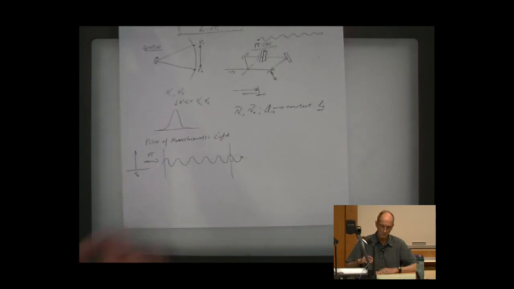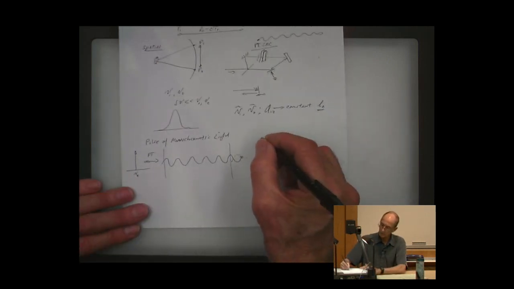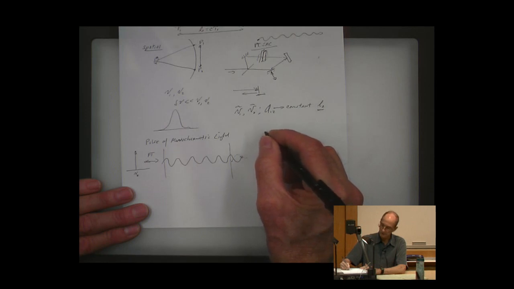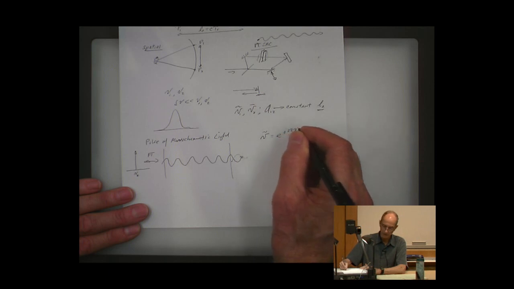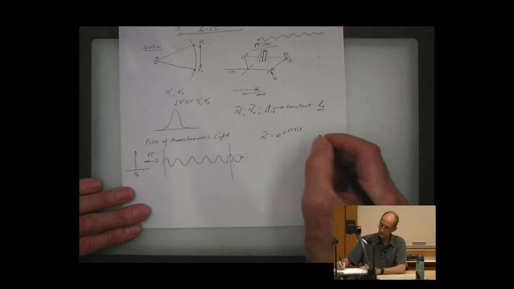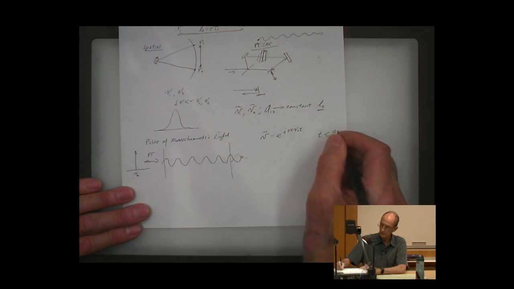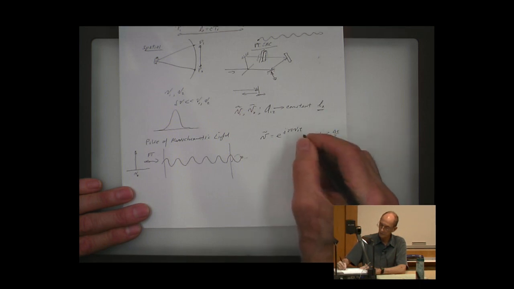So our description for the field that we're now examining is equal to a e to the j 2 pi nu 0 t. This is for a period of time, delta t. So t is less than or equal to delta t over 2 and greater than or equal to minus delta t over 2.